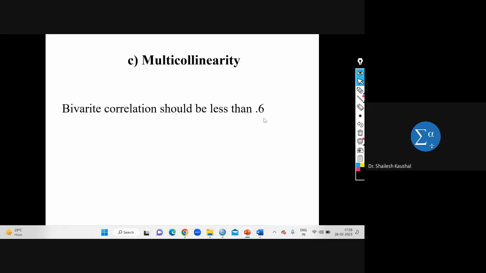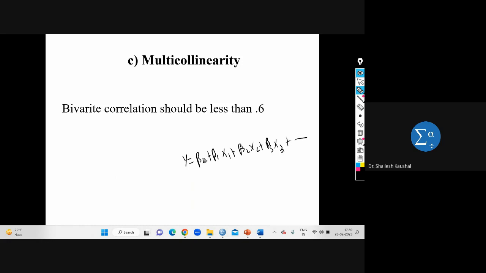And the third is multi-collinearity. What is multi-collinearity? Basically, multi-collinearity is an issue. For example, this is your multiple regression analysis, beta 1 x1, beta 2 x2, beta 3 x3, and so on.